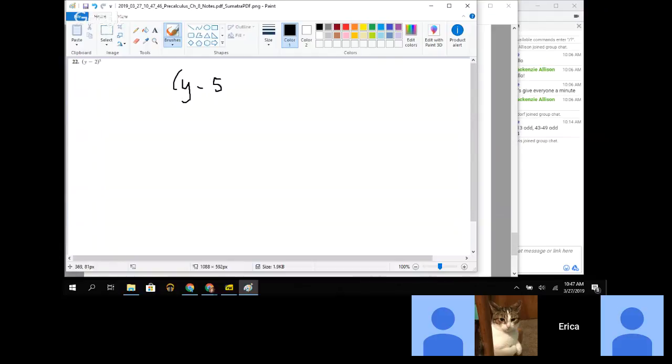This is a binomial, right? A binomial means that you have two terms, and this one happens to be to the 5th power. If I asked you to expand this binomial, could you do it?